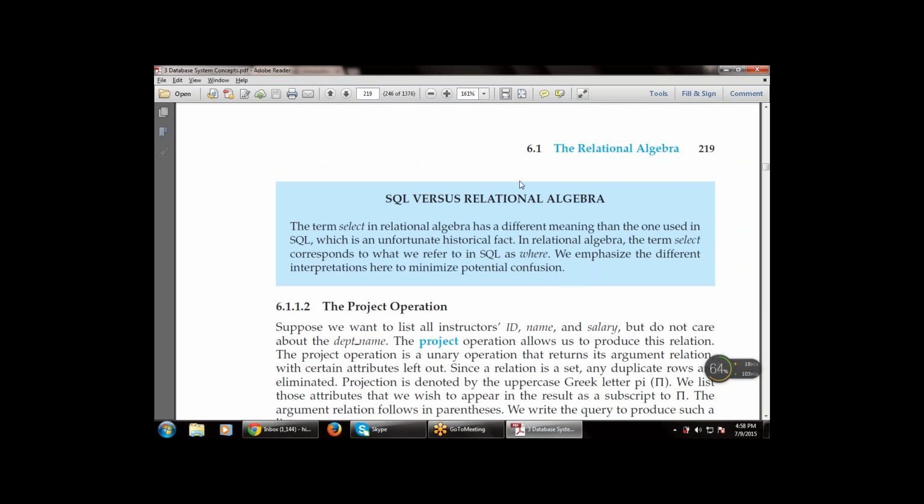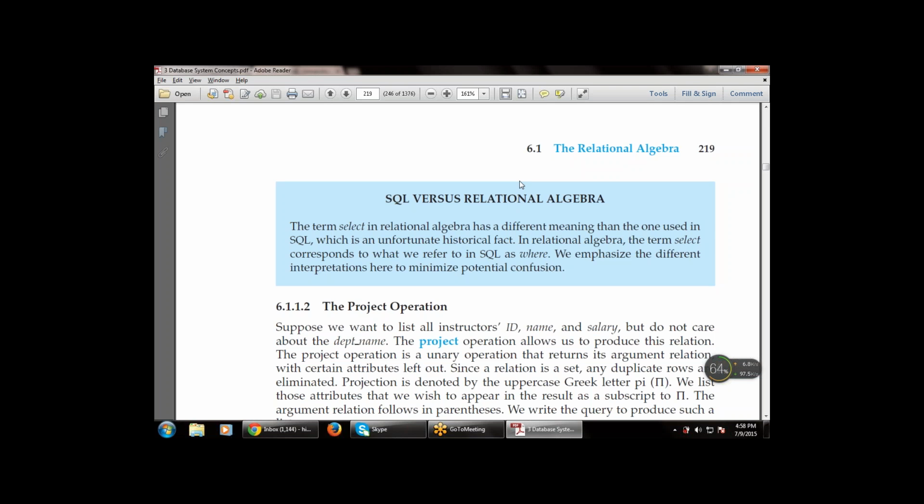So whenever we use the select command in relational algebra, meaning the sigma sign, it is similar to the where clause we use in SQL, such as where department equals physics, where the salary is equal to some value. Whatever condition we give in SQL using the where clause is the same as when we use select in relational algebra.